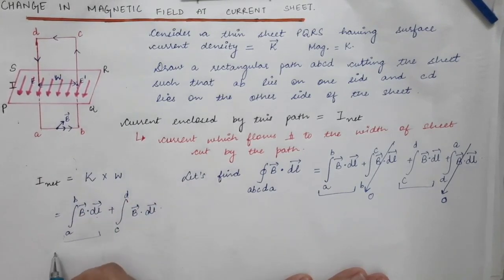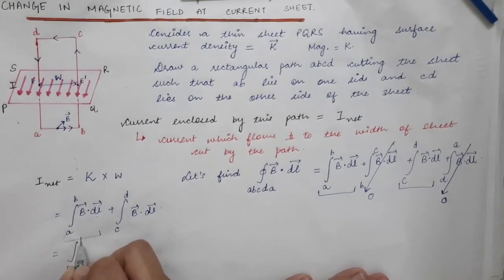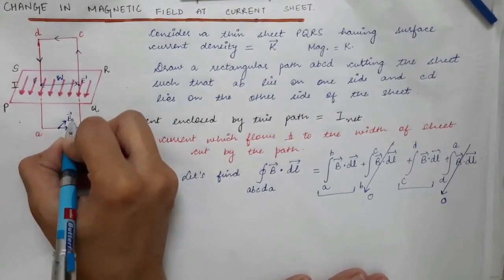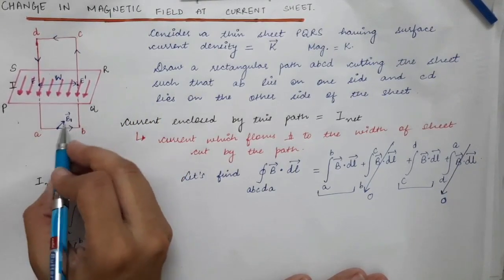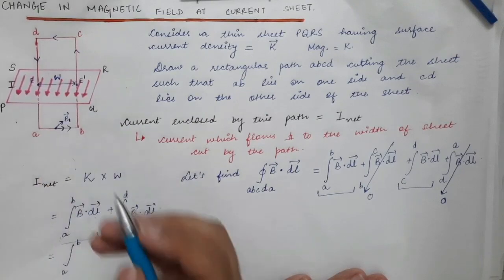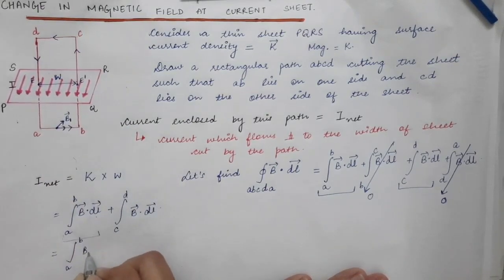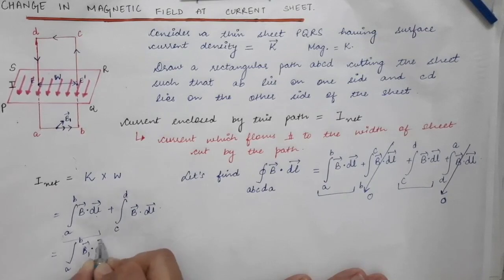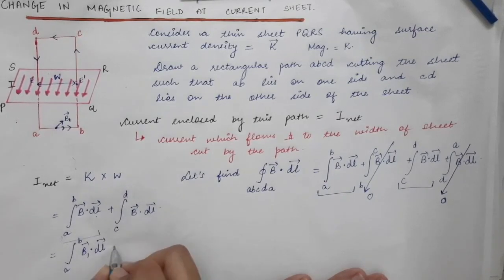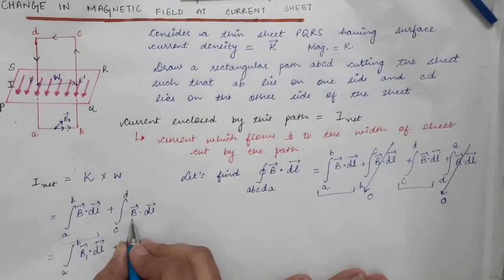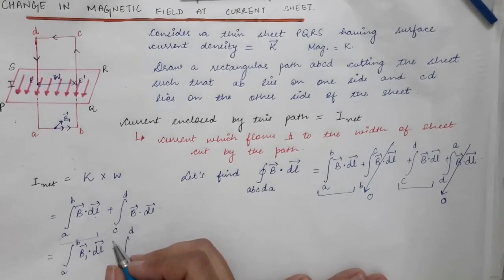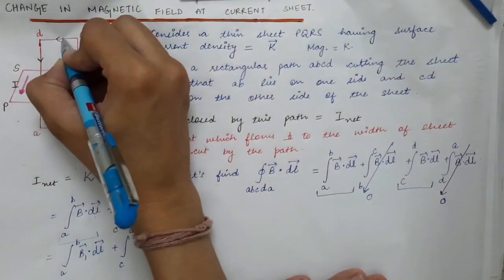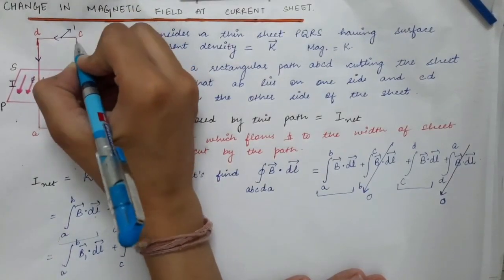So this integral will be equal to the integral from A to B, and let's suppose the magnetic field at this segment AB is the b1 vector. So this can be written as b1 vector dot product with dl vector. Plus you have the line integral of the magnetic field from C to D. Here we suppose the magnetic field is pointing in this direction on segment CD.